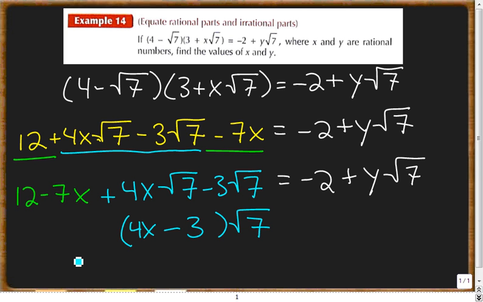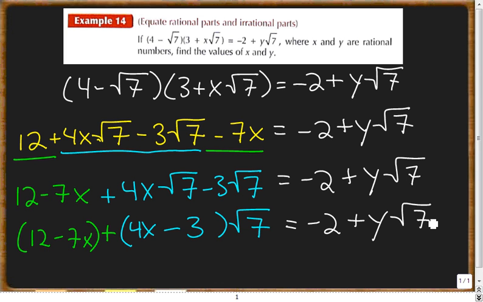It's the same thing. And then I can consider this together, 12 minus 7x, as also kind of one term. So what we see here is that I actually have all the parts that I need in order to make a statement now.